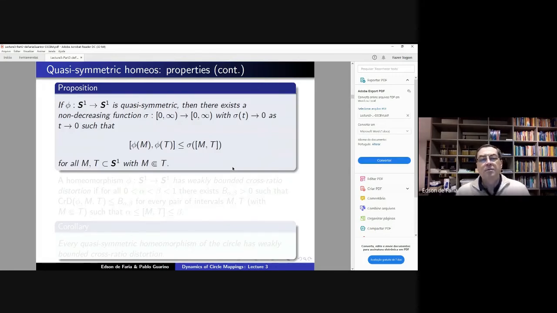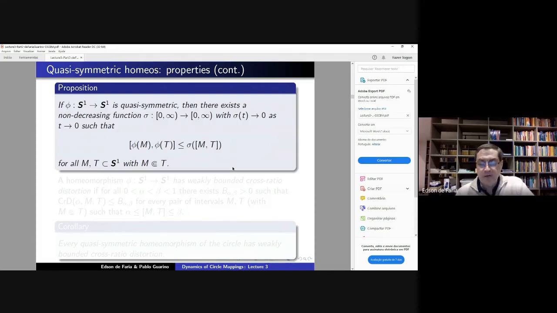So there exists some sigma, which is like a gauge, like a modulus of continuity, right? It's a function from positive real numbers to positive real numbers, with the property that if you look at the cross ratio of the image of two intervals, one contained in the other, then the cross ratio in the image is less than or equal to this function sigma calculated at the cross ratio in the domain.